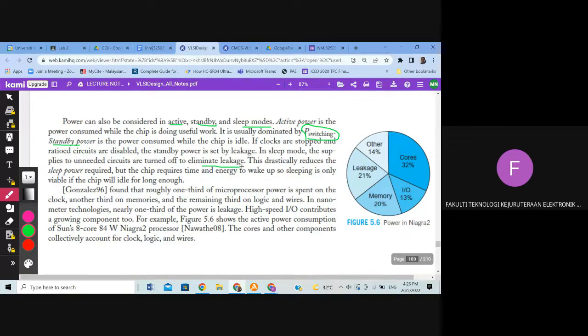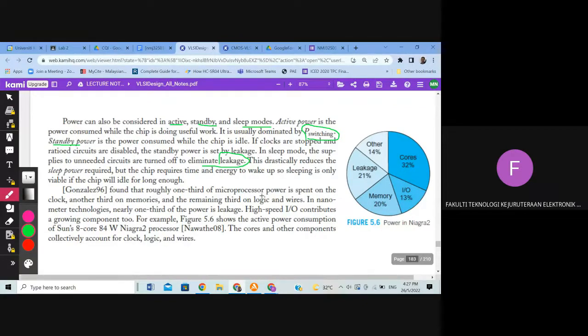Leakage is one of the important aspects that need to be considered when we perform a design. Leakage is unwanted in our chip design. However, it still happens because of practical aspects of the chip.